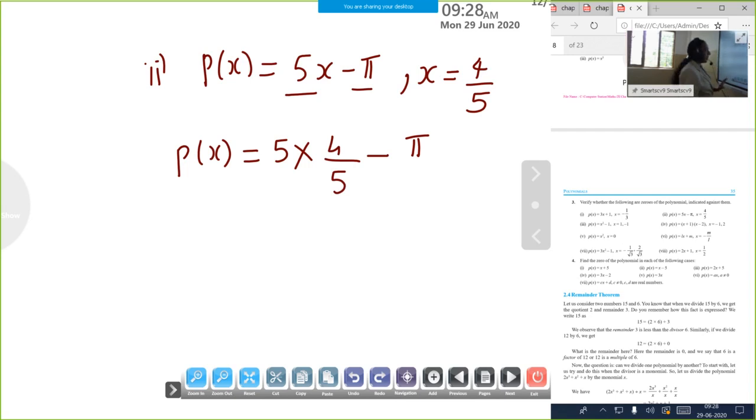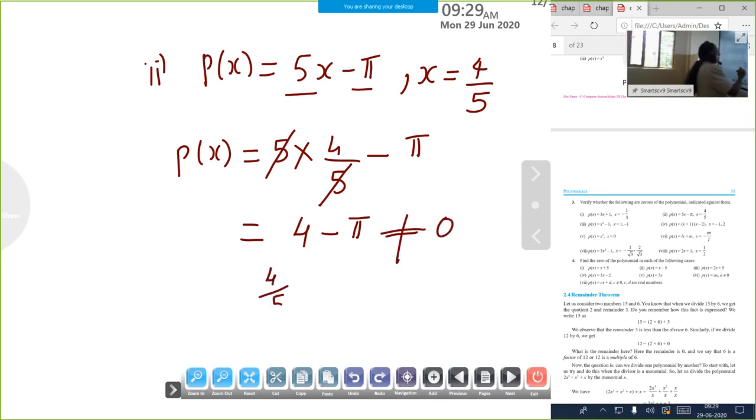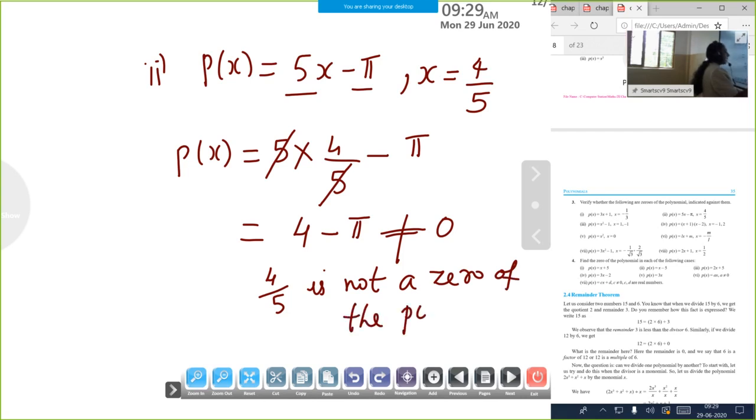No need to substitute the value of pi as 22 by 7. Simply pi there. Then we can cancel these two 5s. Then the rest is 4 minus pi. Is it 0? 4 minus pi is not equal to 0. So what can we write? 4 by 5 is not a zero of the polynomial.